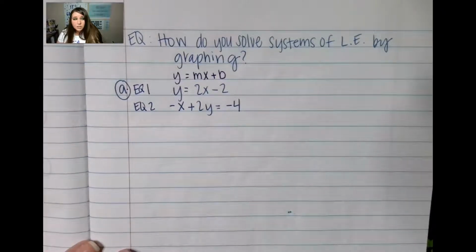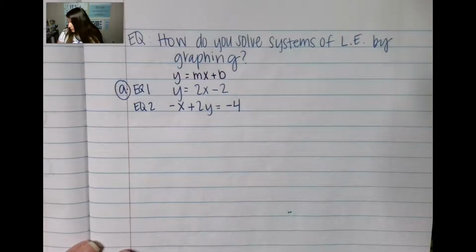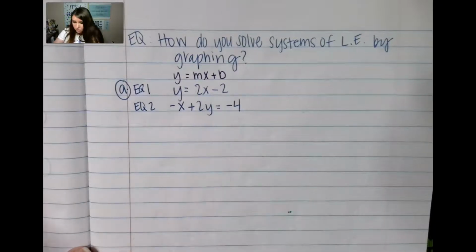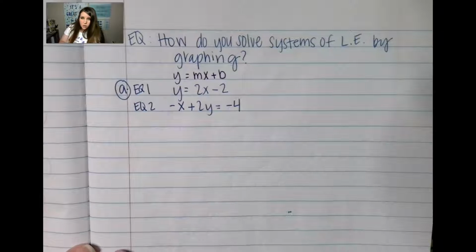So what we're going to do is we are going to need to solve and move things around so that we have two equations that say y equals mx plus b. So first, let's start with equation 1.